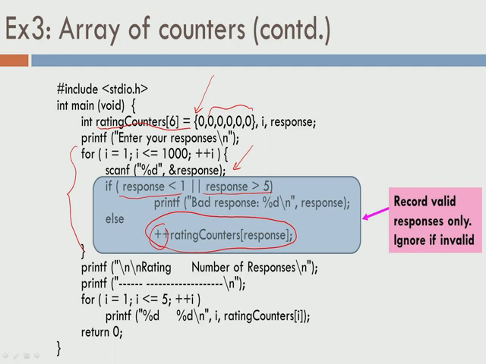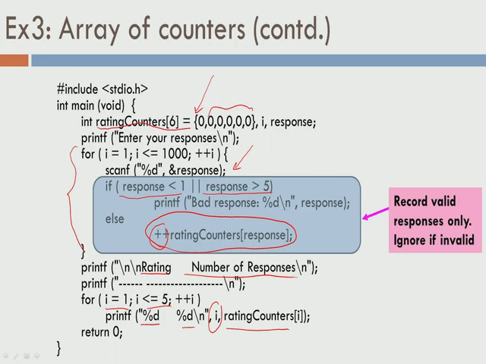And once you are done with this loop, you can now print the rating. So we print the rating and the number of responses. We run from 1 to 5 both inclusive, and we print the 2 values: the rating I and the count.